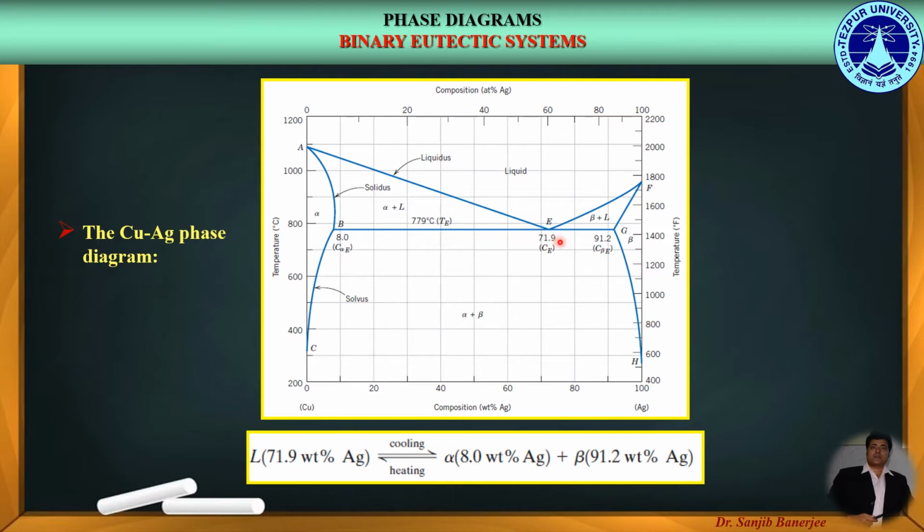Here we get a point called the eutectic point, denoted by E. In this case, for the copper-silver phase diagram, the composition of the eutectic point is 71.9% of silver.